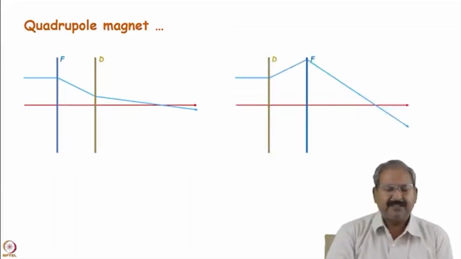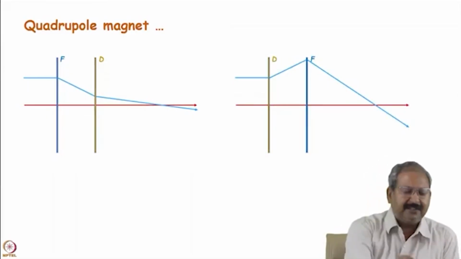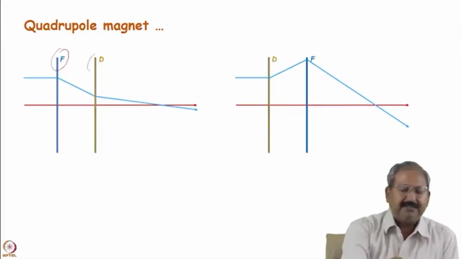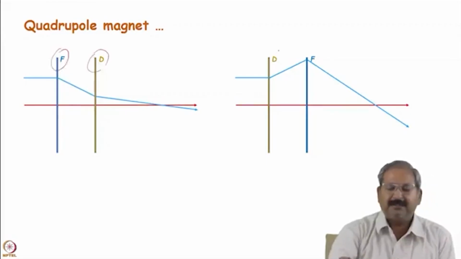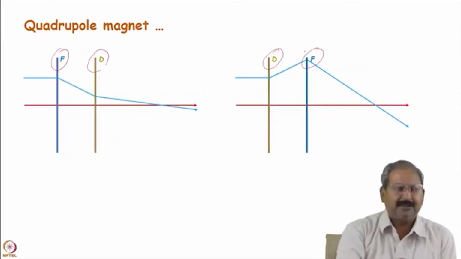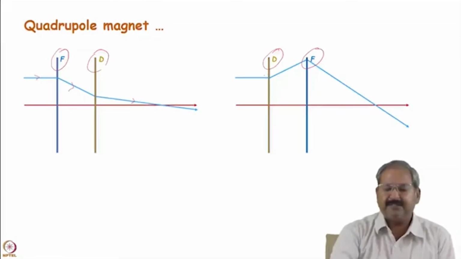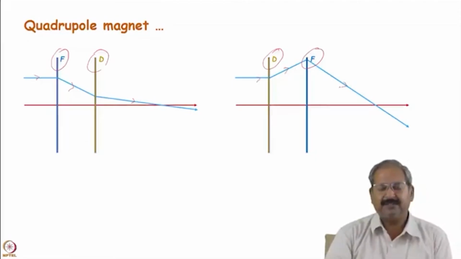In two quadrupole magnets, if in one plane it is a focusing and defocusing combination, then for the other plane it will be a defocusing and focusing combination. So by properly choosing the strength of these two quadrupole magnets and the distance between them, you can see that both trajectories can be focused, means in both the planes we can get focusing.